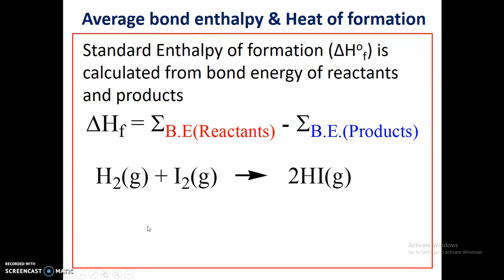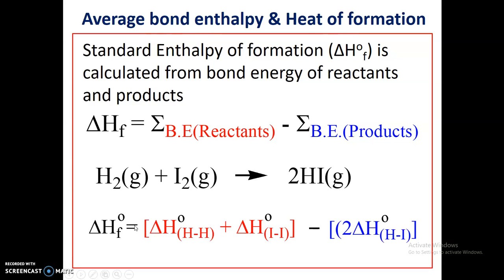Consider the example of formation of hydrogen iodide gas from gaseous hydrogen and gaseous iodine. When hydrogen gas is mixed with iodine vapors, there is a formation of hydrogen iodide in the gaseous phase.